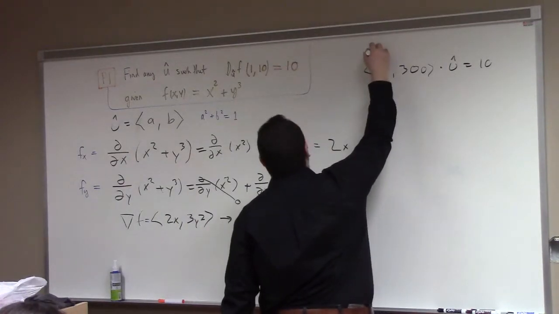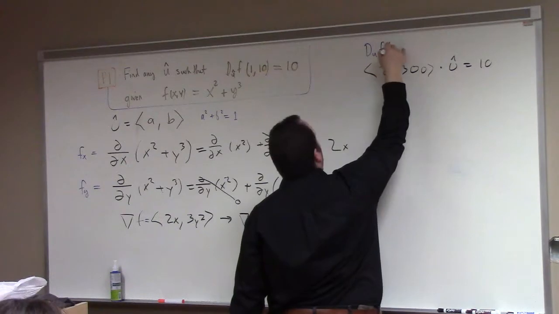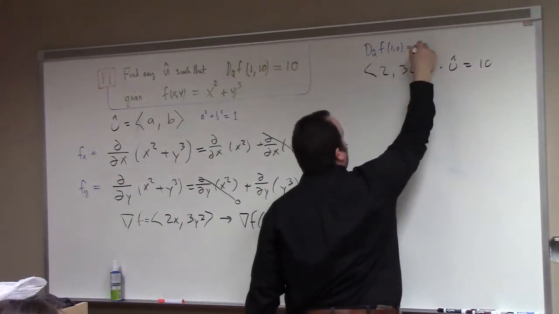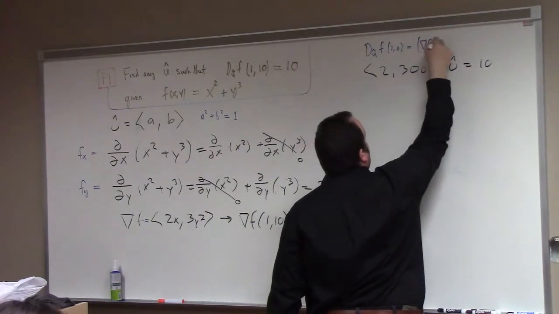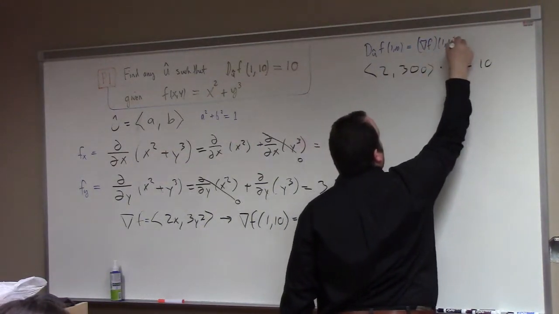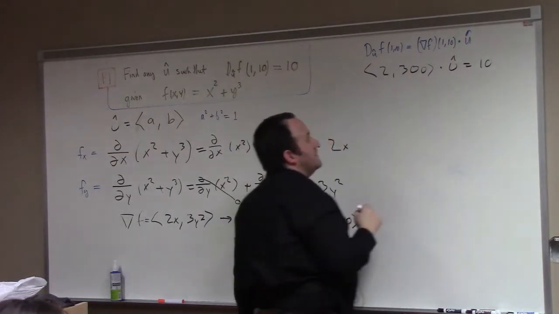And then you're reminding me of the theorem, which is that the directional derivative of f at the point (1, 10) in the u-hat direction is the gradient of f at the point (1, 10) dotted with u-hat. That's why he wrote this here.